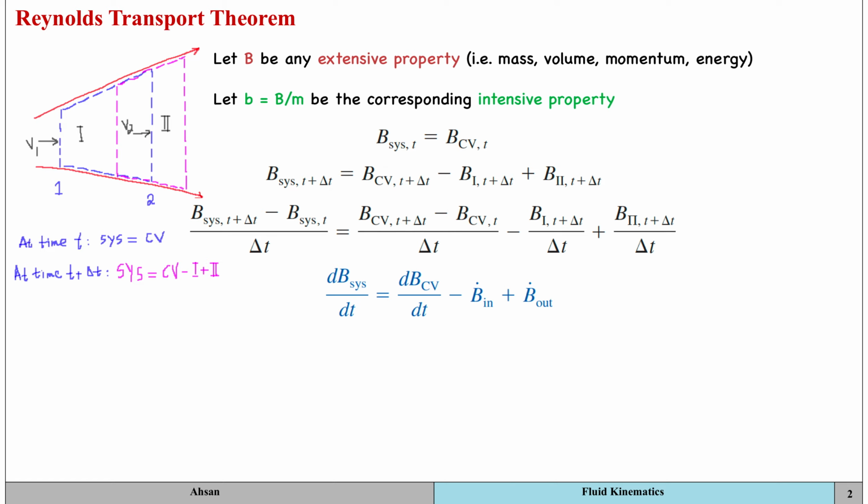But we're not done yet, because we need to simplify it further, and we need to find out, for example, what B dot in is, or what B dot out is. So we need to simplify this more.